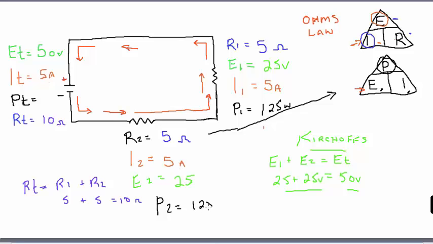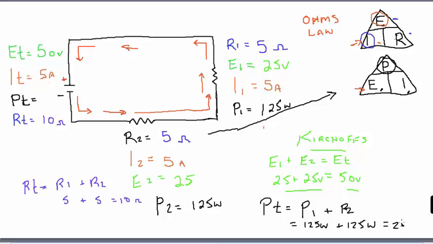So 125 watts. Now your power total is very much similar to my voltage total in that the sum of the power dissipations around a series circuit must equal my total power in the circuit. So my total power must equal my power at 1 plus my power at 2. And my power at 1 is 125 watts, and my power at 2 is 125 watts.